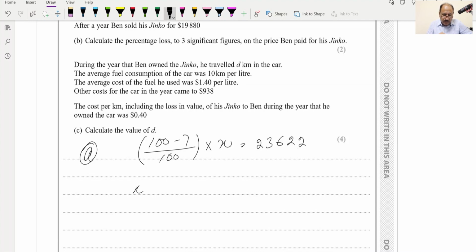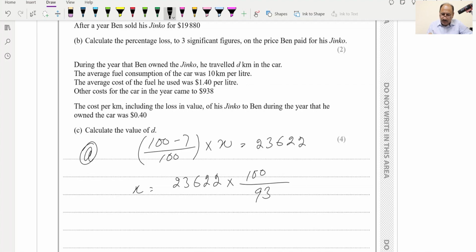So X will be equal to 23,622, and we can shift this portion to the other side of equality, and we will get 100 over here, and reciprocal of 100 minus 7 will be 93.